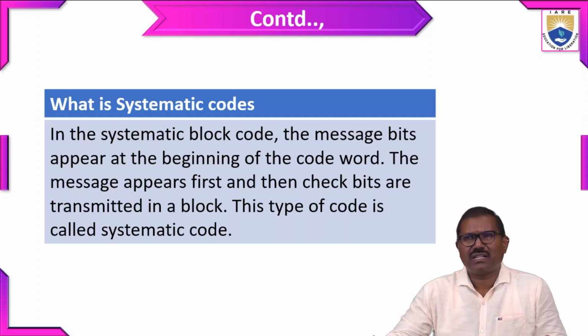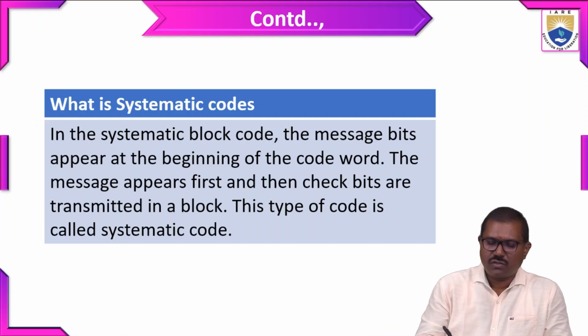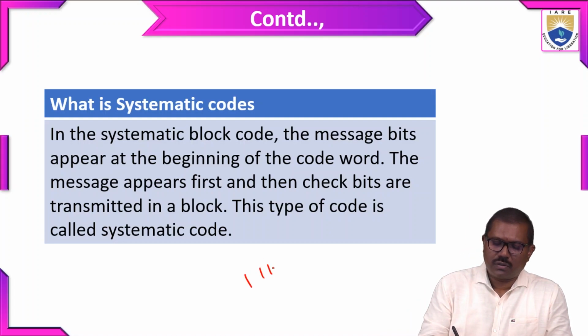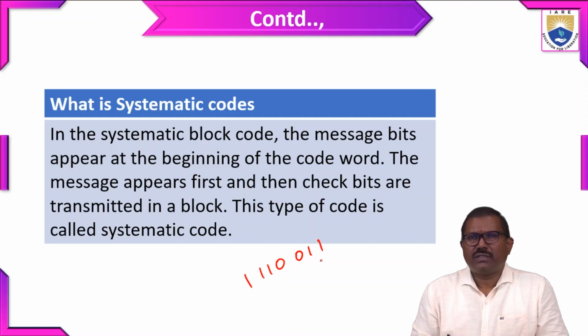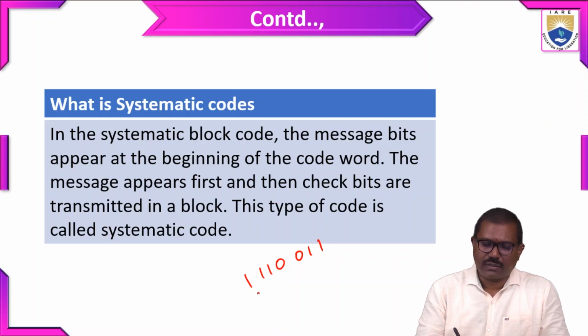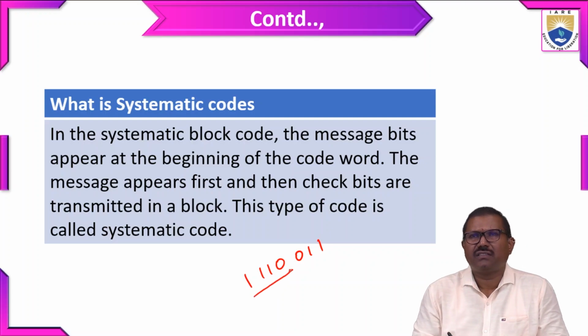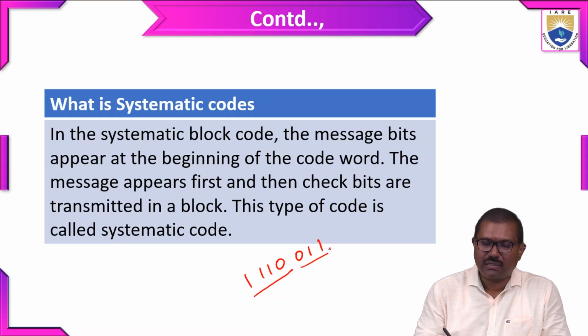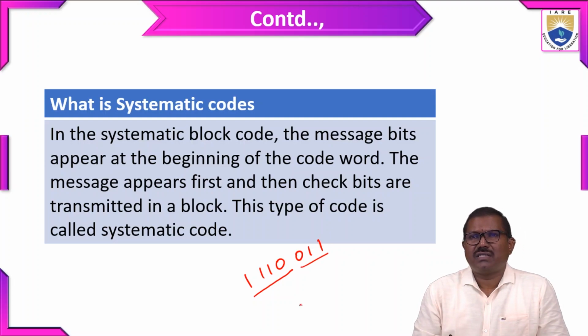Message bits come first and then the check bits or parity bits. For example, 1110; if it is a systematic code, the first bits are the message and the next three are check bits.